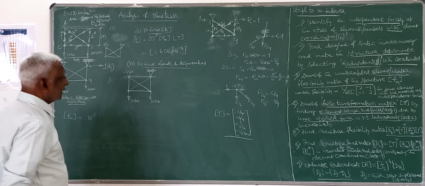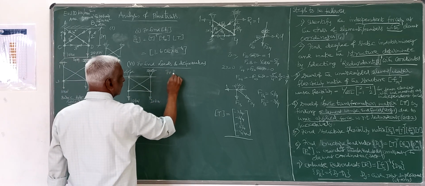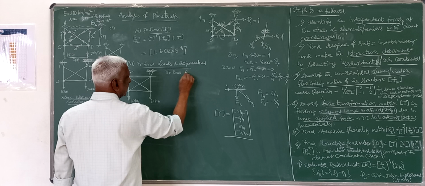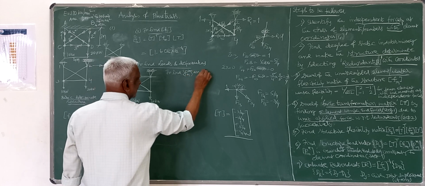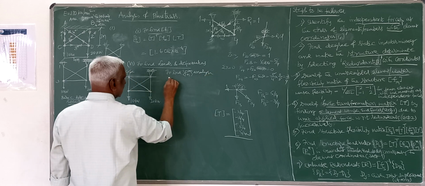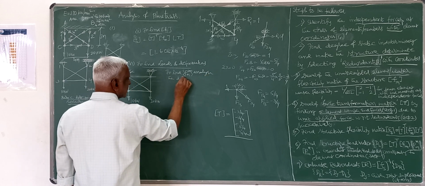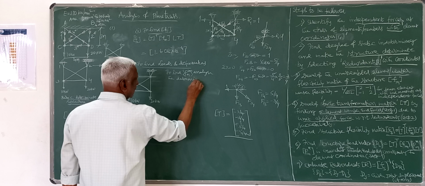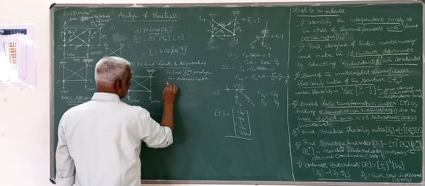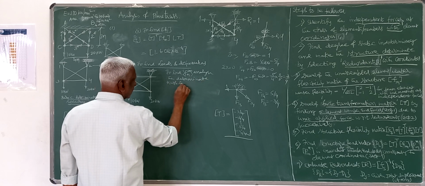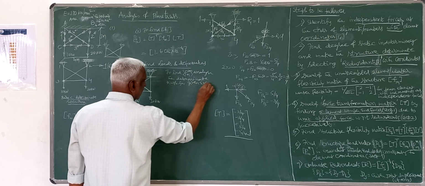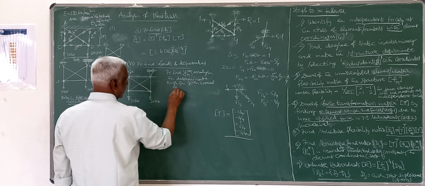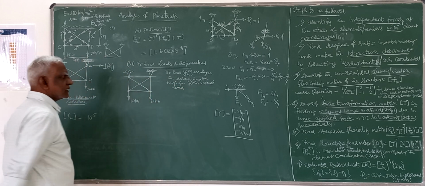We have to determine that. So to find PM, analyze the determinate Truss for the given external load. Like this.